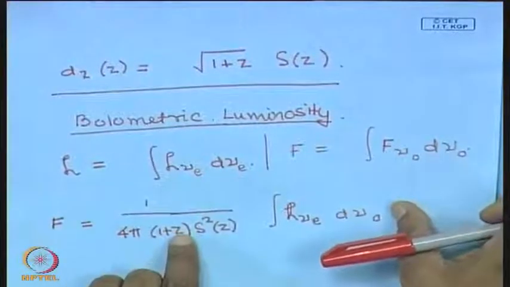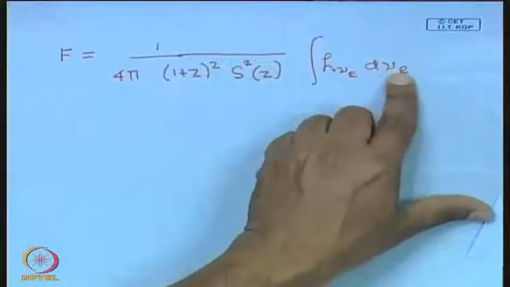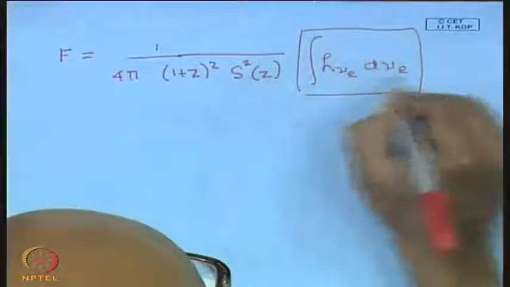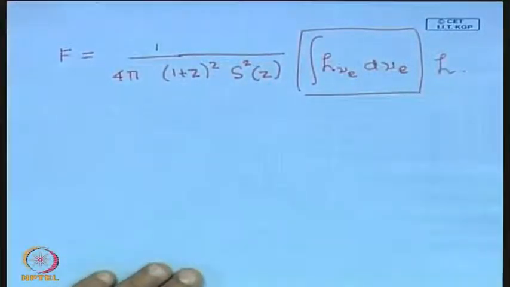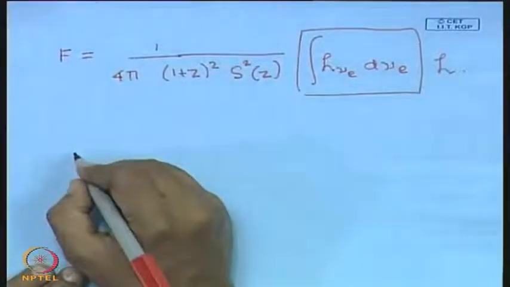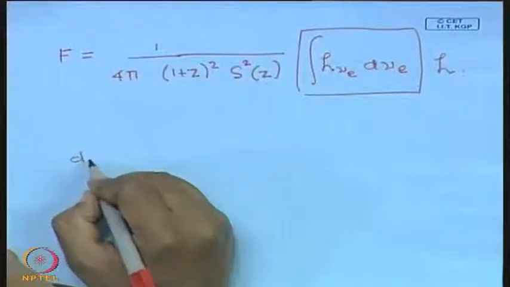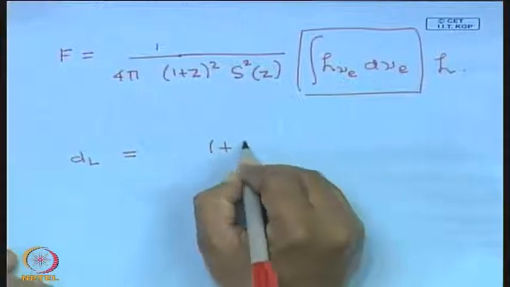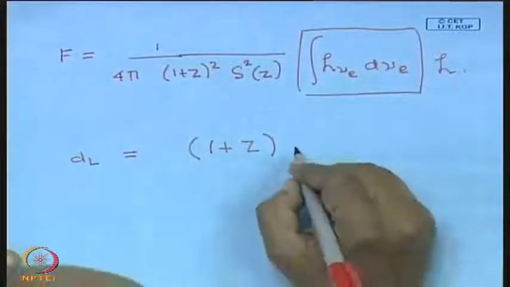If I multiply this with a factor of 1 plus z, this becomes the d nu emitted, and this thing is the bolometric luminosity L. So we see that if you use the bolometric flux and the bolometric luminosity, then the luminosity distance is equal to 1 plus z into the s z.